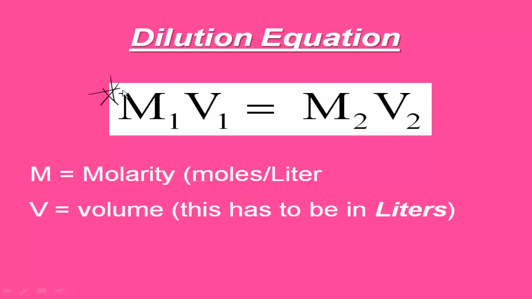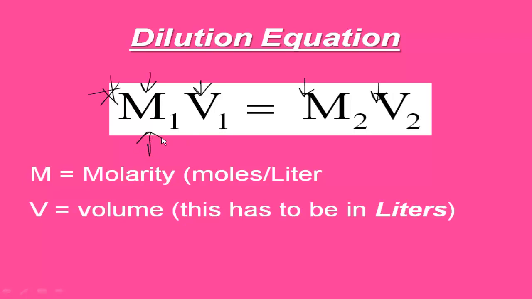This allows us to take any stock solution, so its concentration, and multiply it by its volume, and it should be equal to the new concentration times the new volume. And this is really helpful. I use this equation all the time when I'm making solutions for your class. For example, I have a 12 molar hydrochloric acid solution.